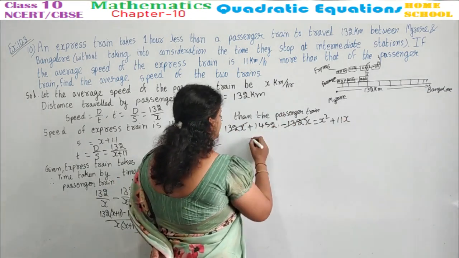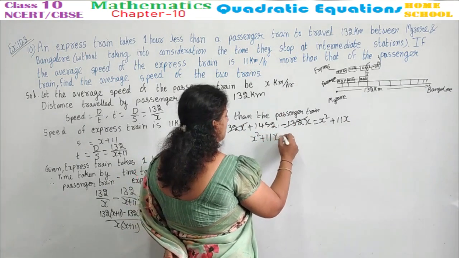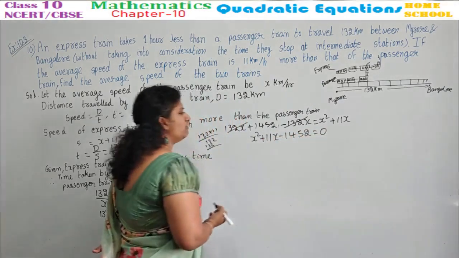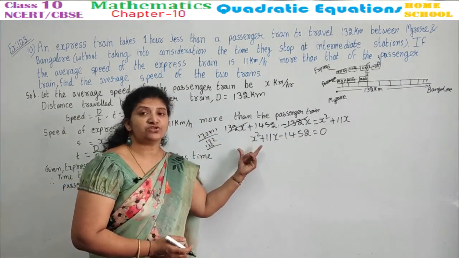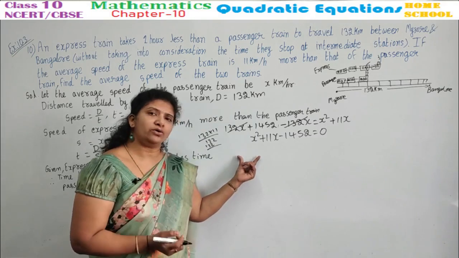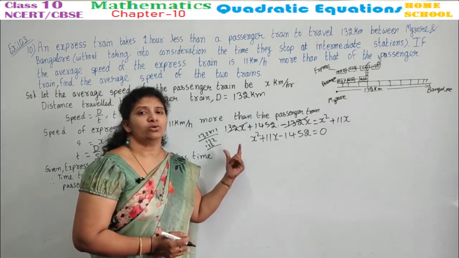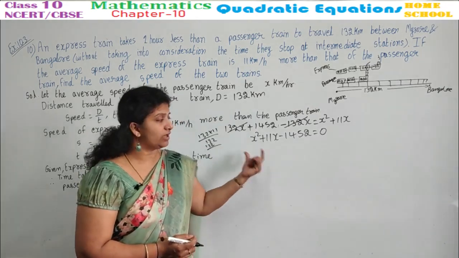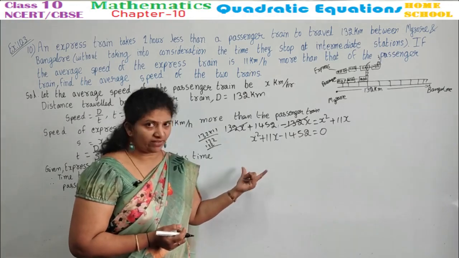Send this also to that side, with the sign reversed: x square plus 11x minus 1452 equal to 0. This is the quadratic equation whose roots we need to find. While finding the roots, you can use any method, as I have said many times. You can go with the factorization method, the completing the square method, or the formula method. Use whichever you are comfortable with.